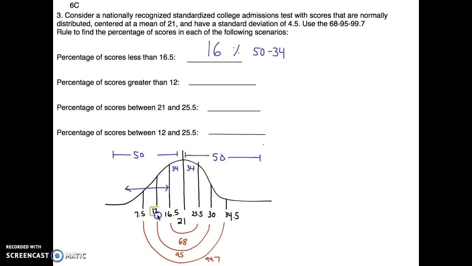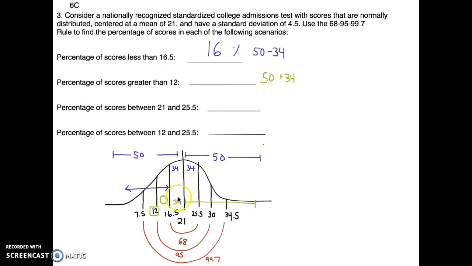Okay, so if we look at 12, we know that 50% will be here, and we know that 34 is here. So now we just need to figure out this section. So we know so far it's 50 plus 34.